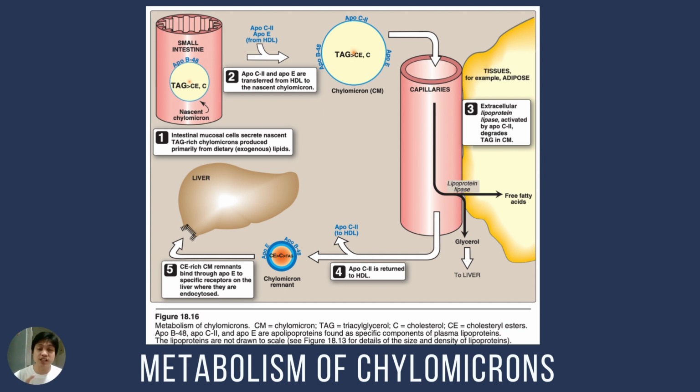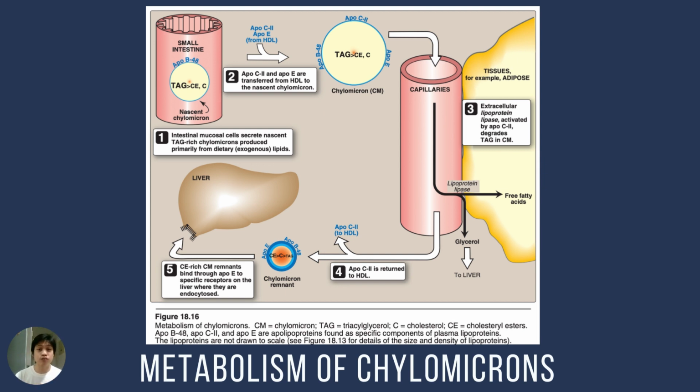So in the plasma, that chylomicron encounters the enzyme lipoprotein lipase. So the lipoprotein lipase, by the term lipase, hydrolyzes the triglycerides, releasing free fatty acids which are absorbed by the peripheral cells, for example, fat cells, for example, muscle cells, and they also release glycerol.